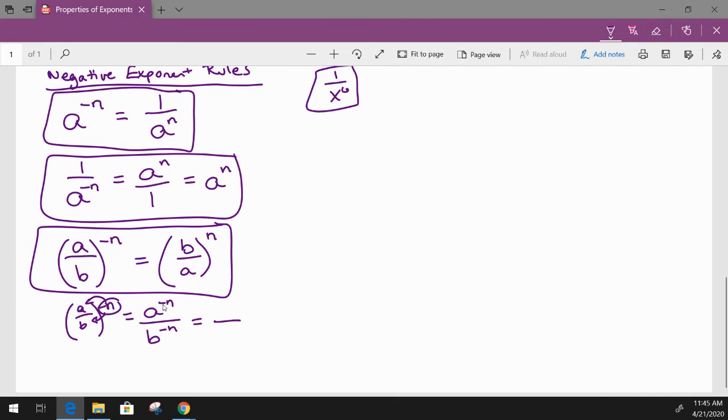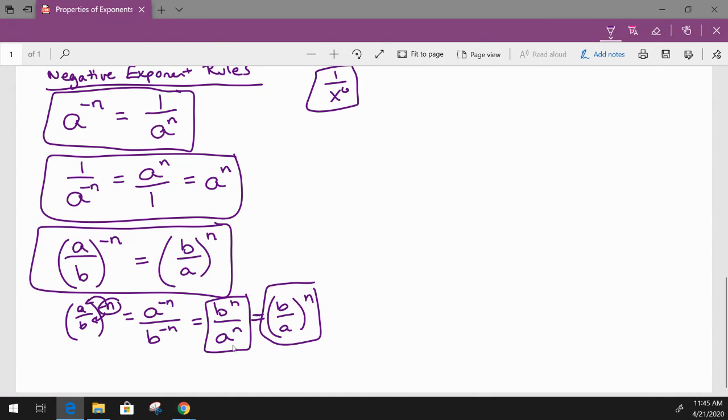So if we move it to the denominator, the exponent will become positive. Your b to the negative nth power is in the denominator, so to make its exponent positive, we move it to the numerator. And this statement here is equivalent to b over a to the nth power. So these are the same thing.